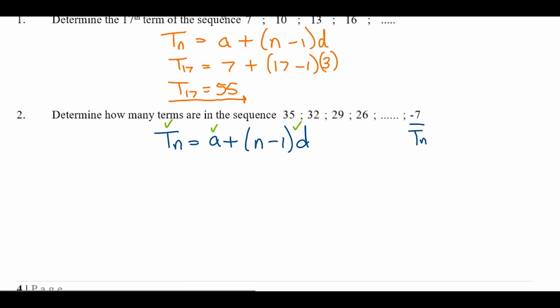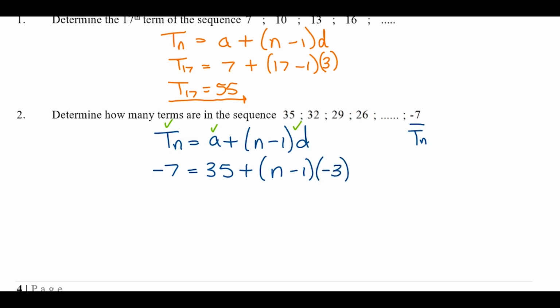What we don't know is which term that is, how many terms there are. So we're going to put that in over here, -7. A we know is 35, plus n minus 1 lots of D, and we know that D is -3.